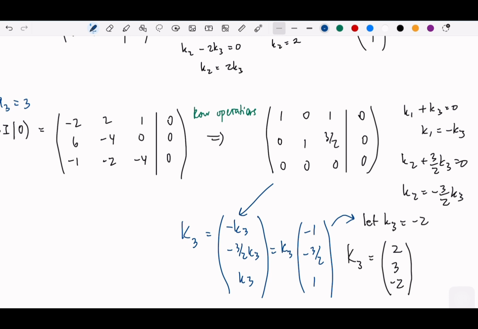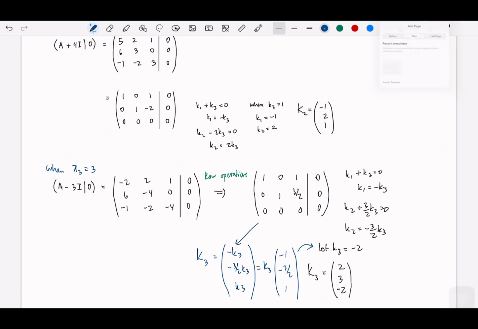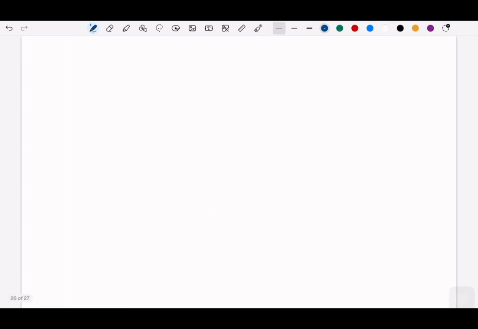For example, we have this one row of 0. In some other case, it could be 2 rows that are 0. So that is actually another case, so maybe we can add just one more case for the multiplicity.